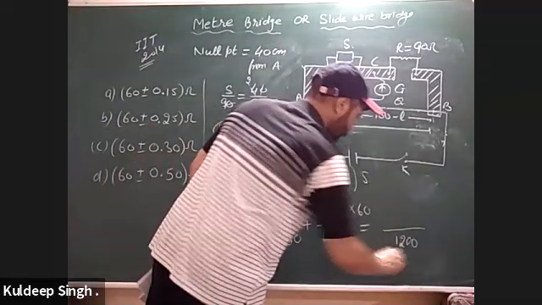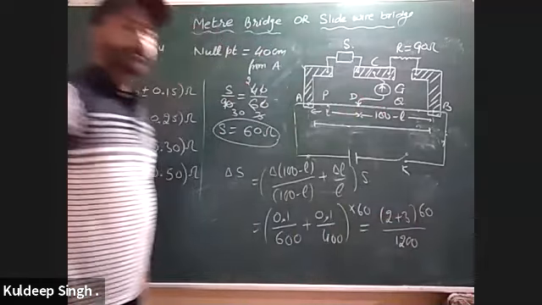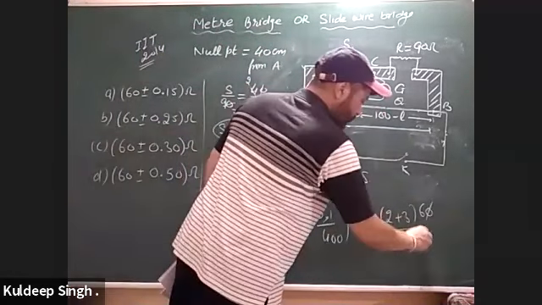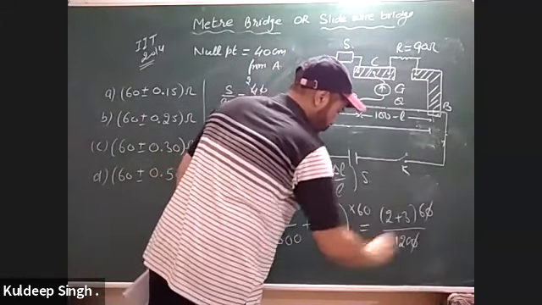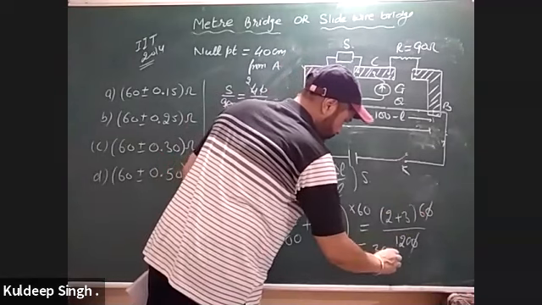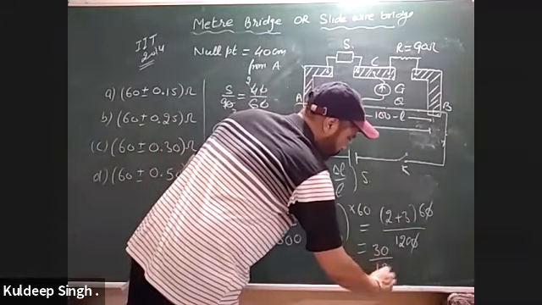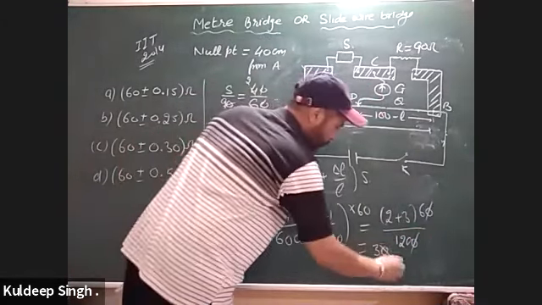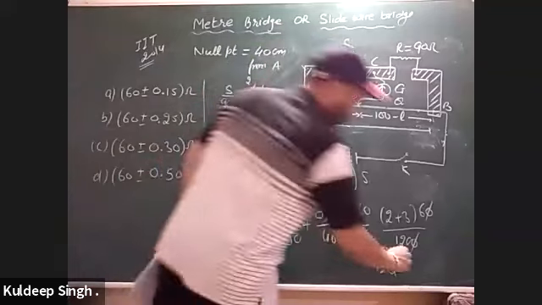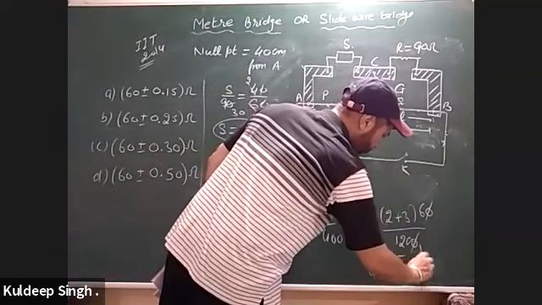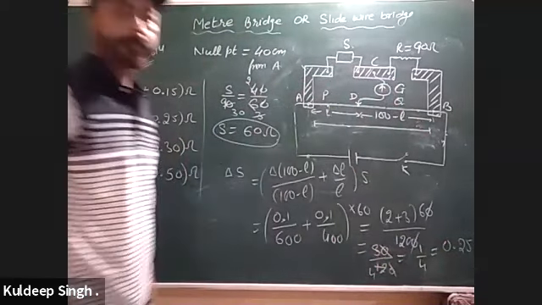Say 1200. 2 plus 3 into 60, cancel. I have now 5 into 6, 30. 30 by 100. So 0 gone. 3 by 12 will be 1 by 4. 1 by 4 is equal to 0.25. So 0.25.